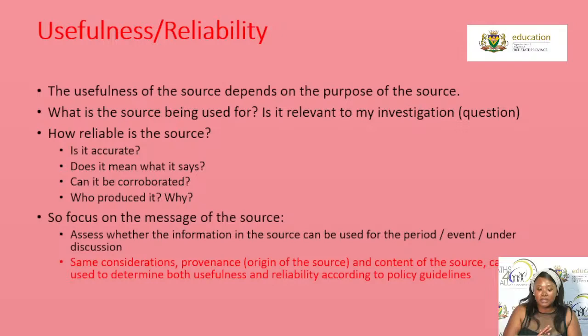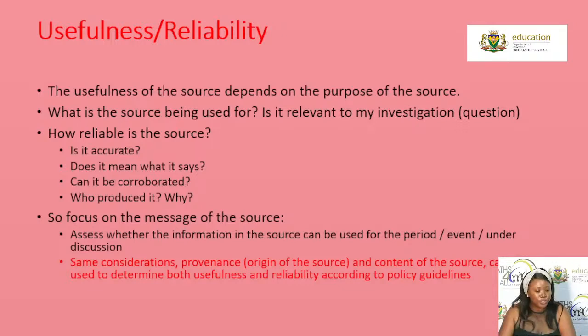And then we look at usefulness and reliability. Usefulness of the source depends on the purpose of the source. What is the source being used for? How relevant is this source for my investigation? And what you need to look at is how reliable the source is. Is it accurate? Does it mean what it says? Can it be corroborated with other sources? Who produced it? What was the purpose of this source being produced?